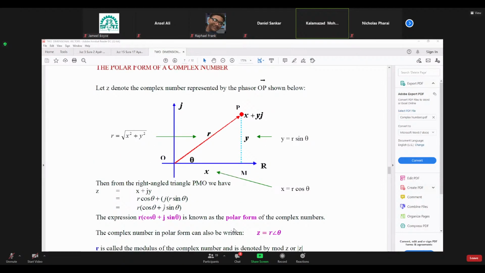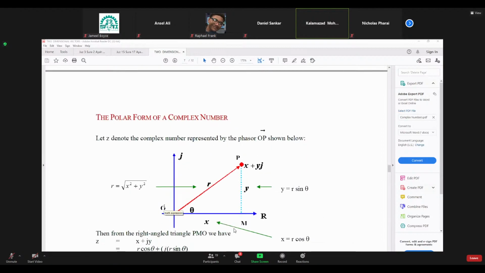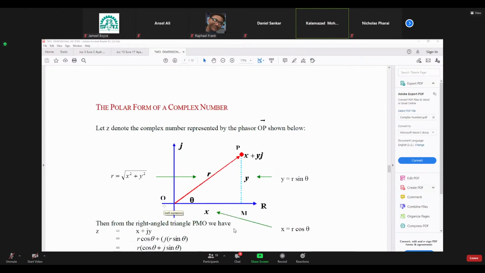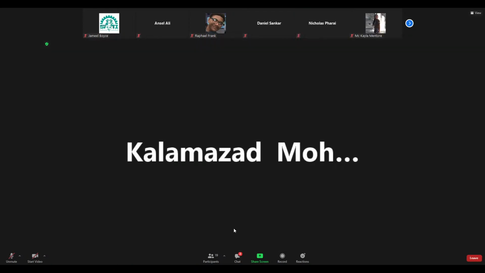Okay, hold up. Let's stop here for a second and go practice some of these things, and then we'll come back and pick it up from the polar form, because this is just another way of representing complex numbers. So let's go practice. Let's work together on some of these.